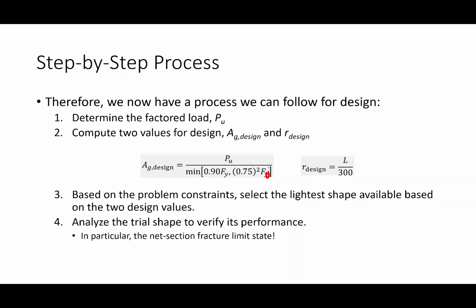And in particular, we're looking at the net section fracture limit state, because that's the one that's really a function of the guessing. And then finally, we need to summarize the results. Probably not a bad idea to compute the efficiency of the design, and as for why, I'll talk about that here in a bit. Okay?